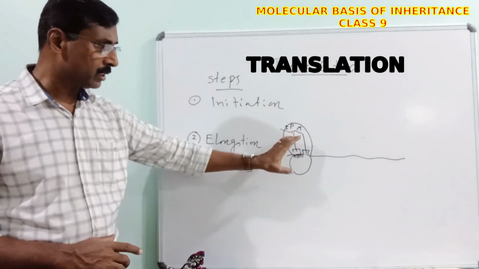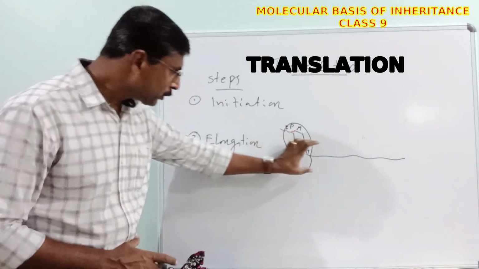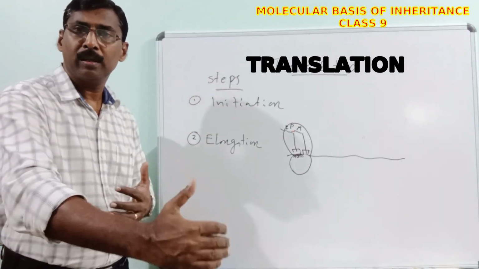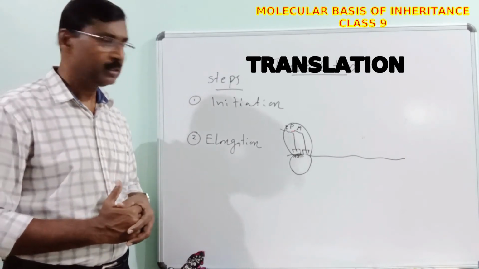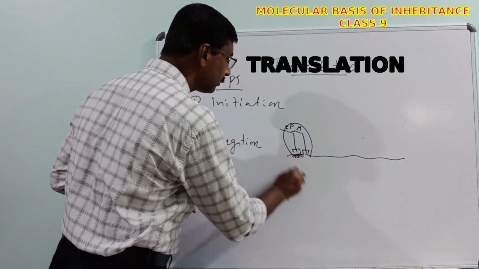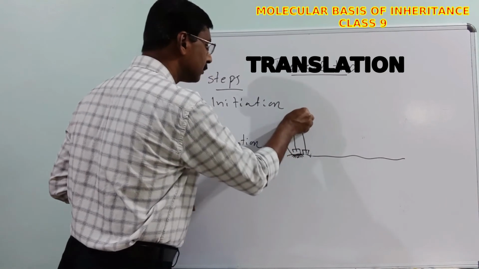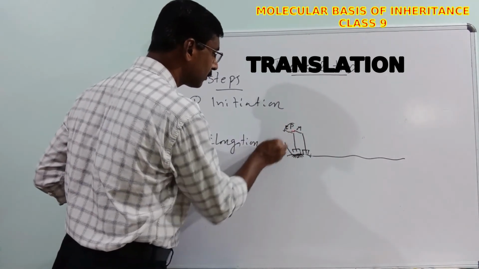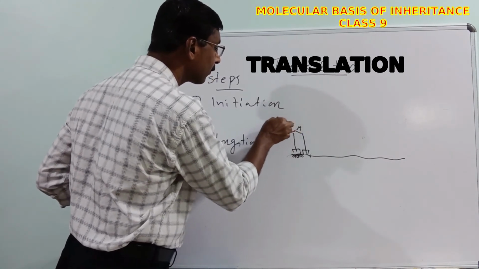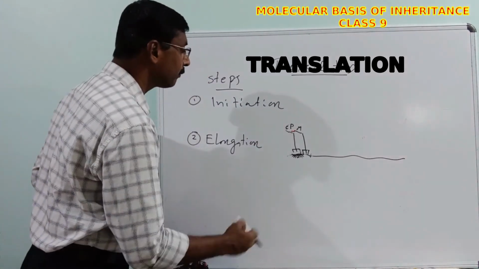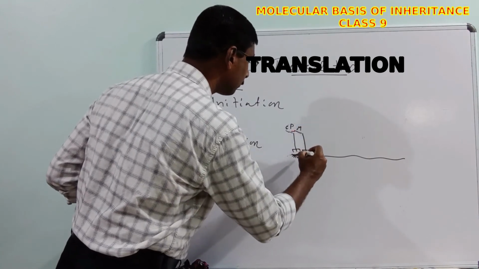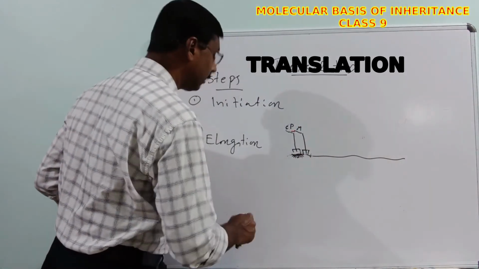So the entire ribosome, both the large subunit and the small subunit, together moves forward one step, one codon ahead.